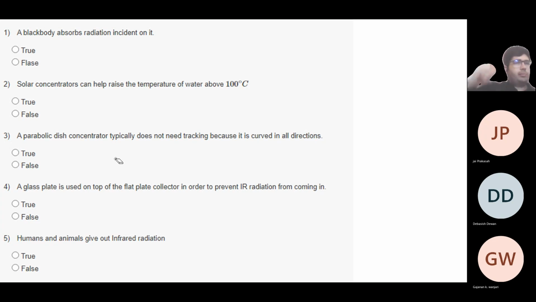Now we are having some sample true and false questions. I would like to invite you all to participate in these questions. If we interact, it will be a very good session actually. Let's start. A black body absorbs radiation incident on it. True or false?